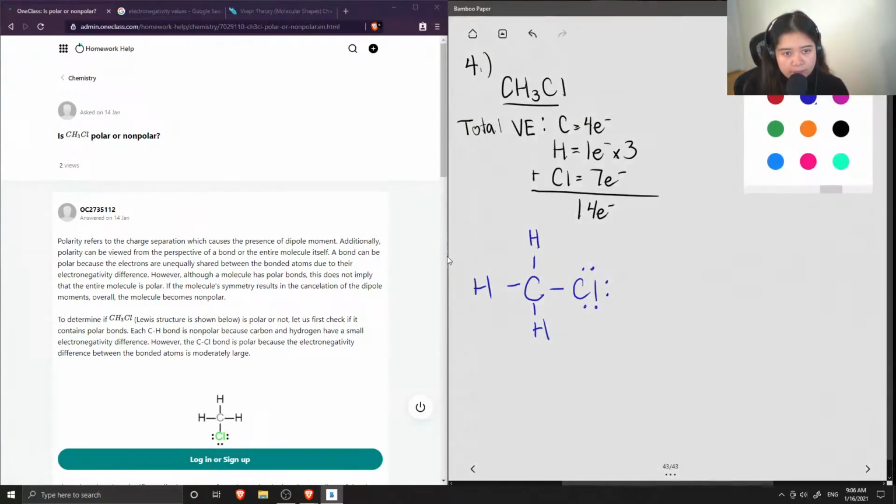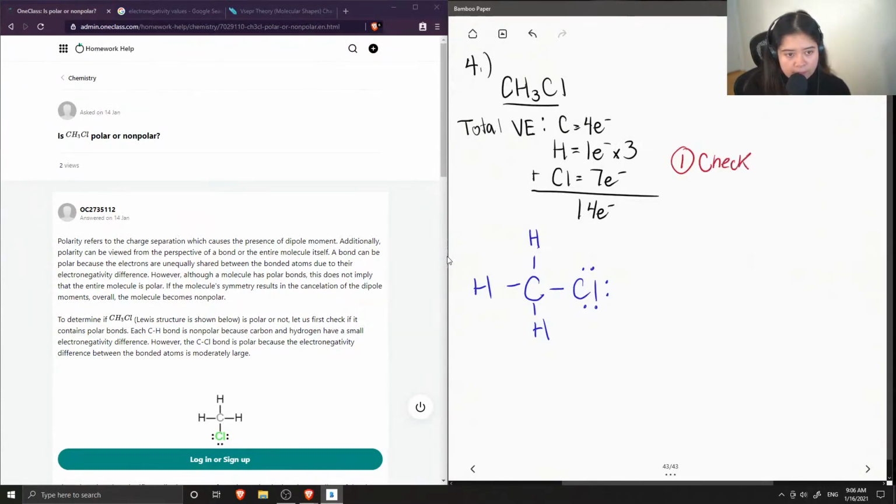When determining whether or not a molecule is polar or nonpolar, first we want to see if any of the bonds are polar within the molecule. So step 1 is to check if any bonds are polar.